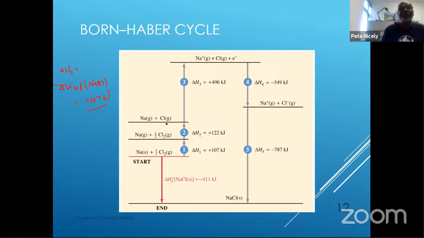Now in the second step, the chlorine molecule is converted to chlorine gaseous atoms, and we call that the enthalpy of atomization of chlorine.